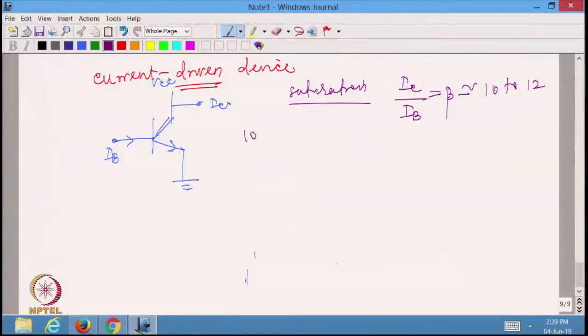So, if it is a 100 ampere transistor device, I will require almost IB equal to 10 ampere. This 100 ampere obviously specifies IC.